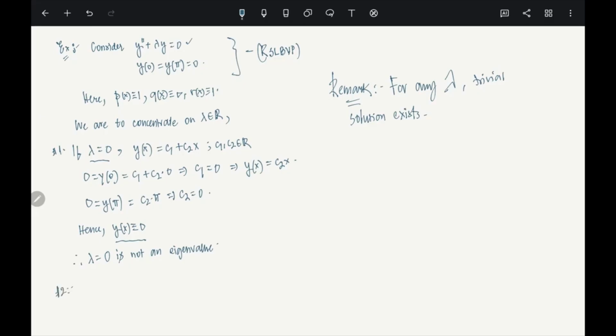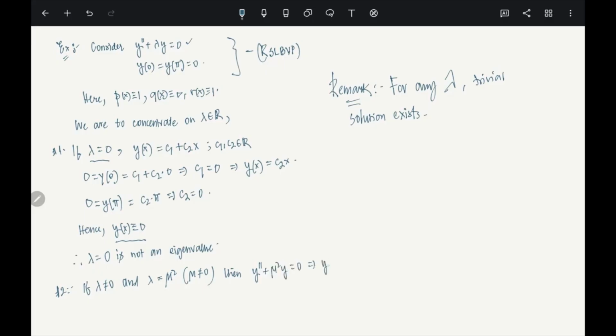Case 2. Let's say lambda is non-zero, and lambda can be positive or negative. So let lambda be mu square, with mu not 0. So it's non-zero basically. In that case, the equation we have is y double prime plus mu square y equals 0.